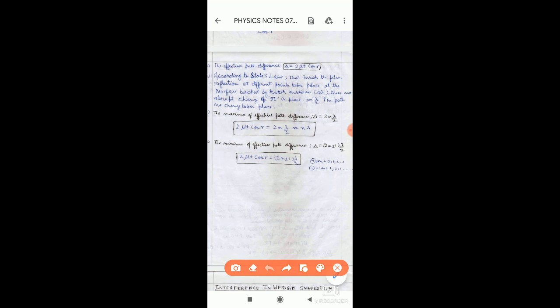So there is no additional path difference. Then the effective path difference will be delta equal to 2 mu t cos r.